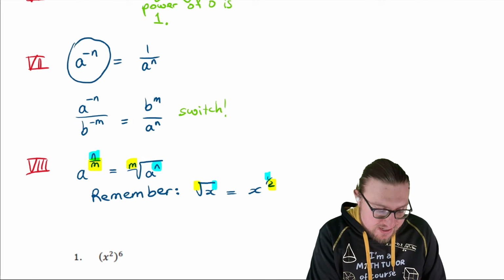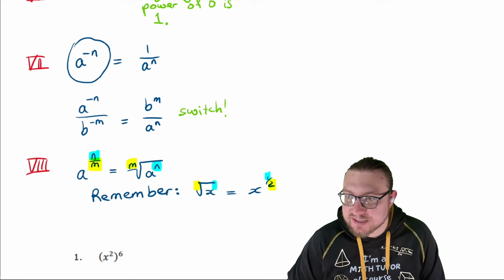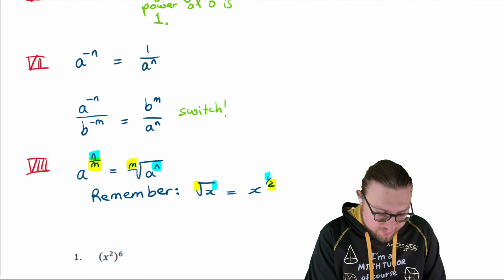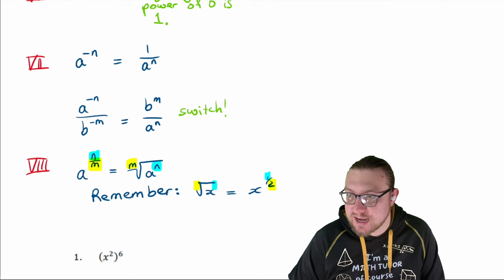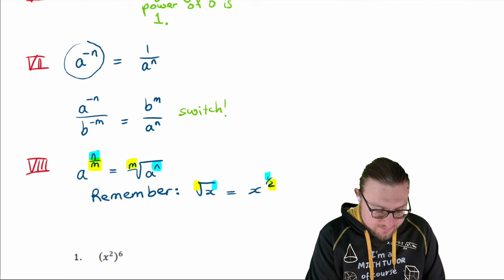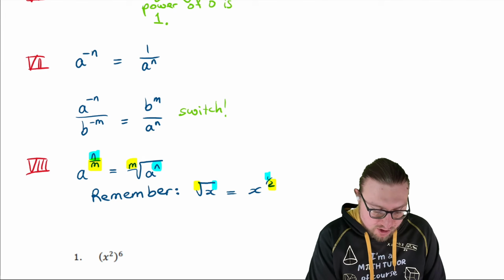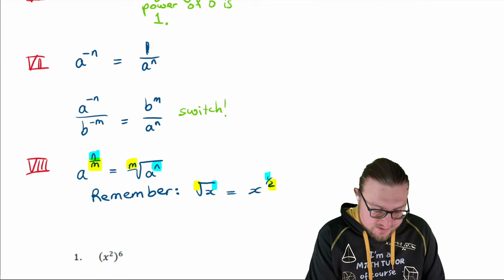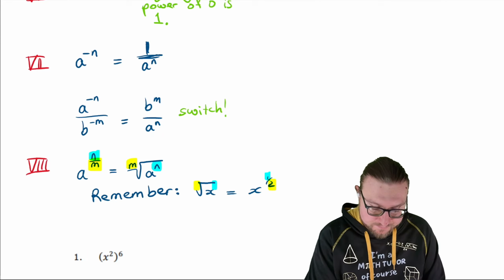So if we have a negative power here, a to the negative n, all that means is that the negative switches where this comes in a fraction. If we just have a number to some negative power, that means 1 divided by, and we just copy the base and the power. So the negative here stands for the 1 over part.